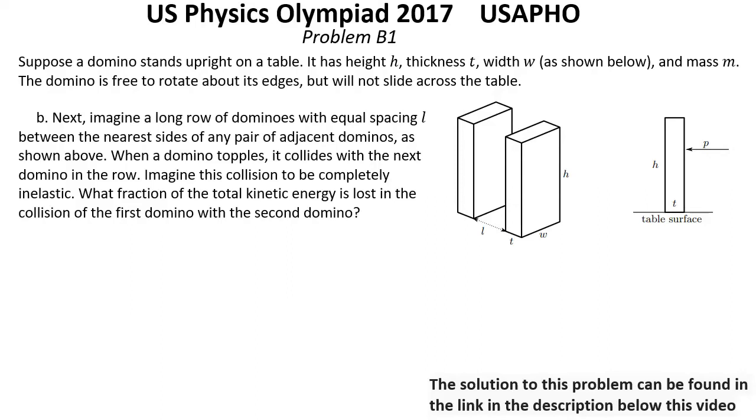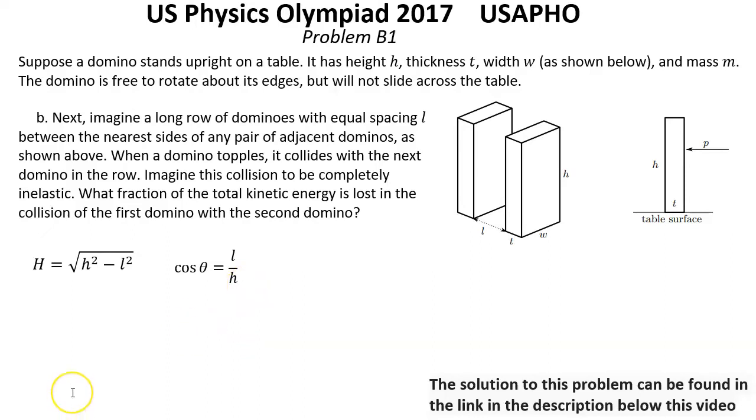Solution for question B. First of all, when the first domino touches the second domino, it will happen at height H equal to the square root of h squared minus L squared. And this first domino now has an angle with a cosine theta equal L over H compared to vertical.